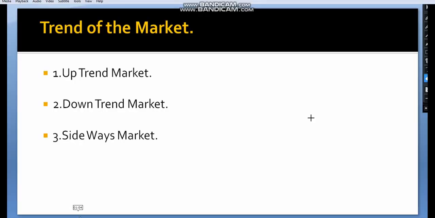Now we are going to see the trend of the market. First one is uptrend market. As you all know, this will be the uptrend market graph. This is called uptrend market. Now we are going to see the downtrend market.